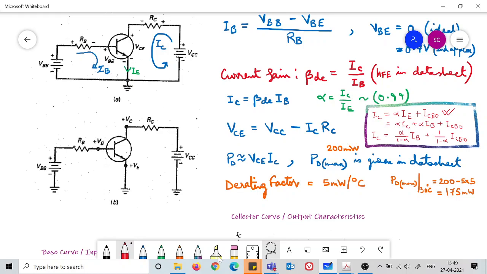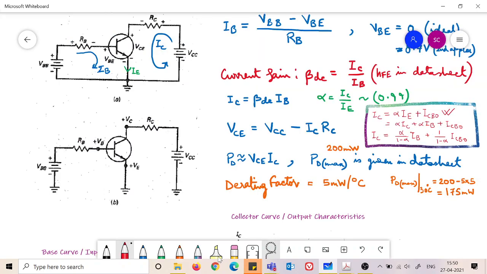So when IB is 0, this part is contributing to the collector current. It is not simply the reverse saturation current, as you can see. That reverse saturation current is multiplied by a certain factor, and this is quite high because alpha is quite close to 1. Alpha is around 0.99, so this will be around 100.